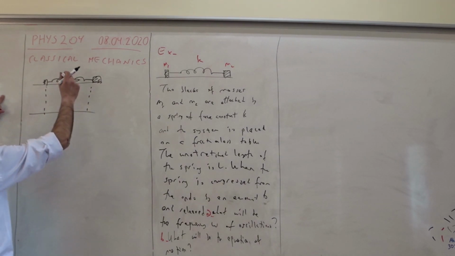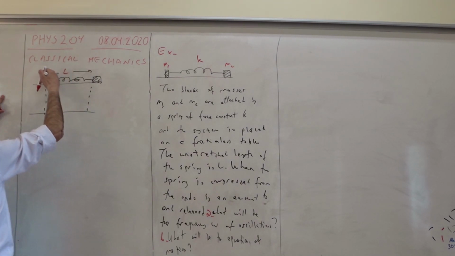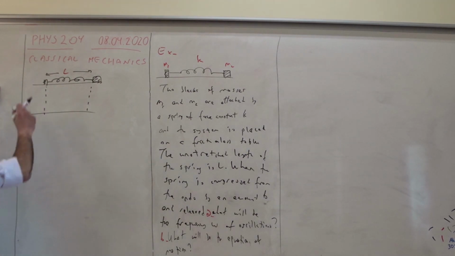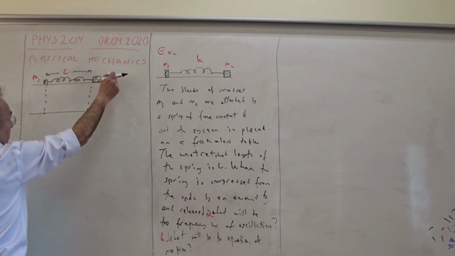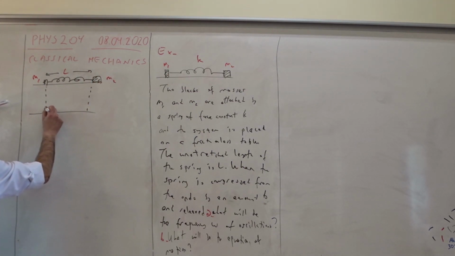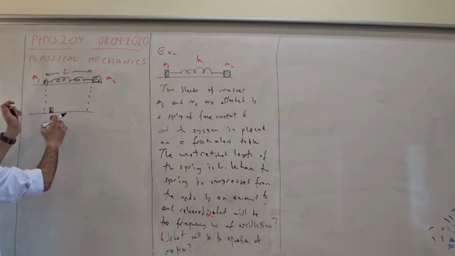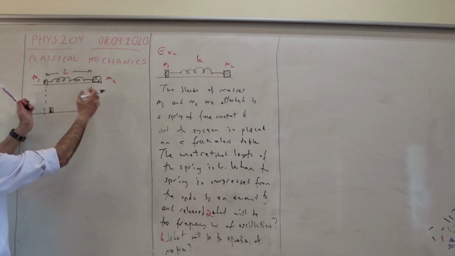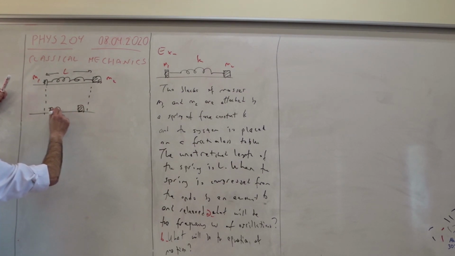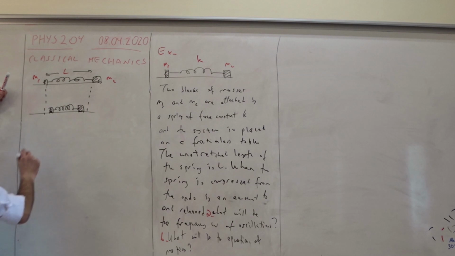This length is given as L. It is not important, but given. Masses are not the same, they are different. Now the left-hand block is compressed to the right, and the other is also compressed to the left, so that the spring is compressed as a whole.